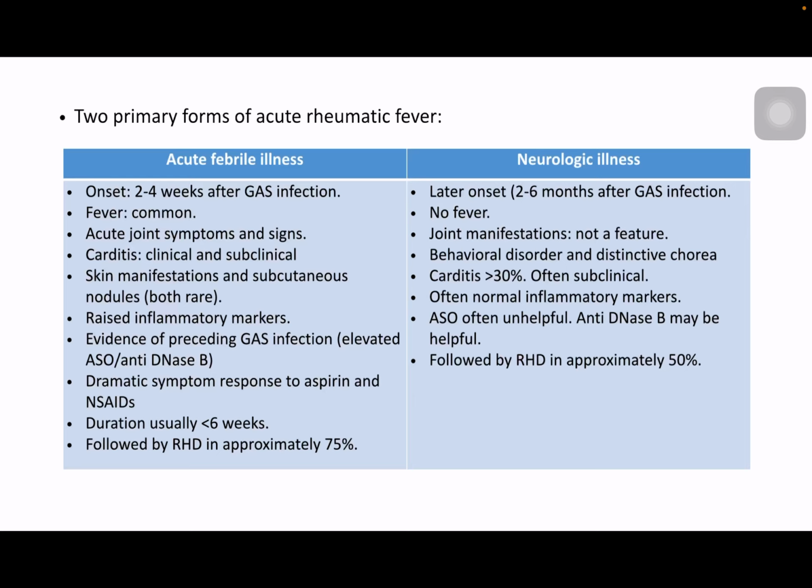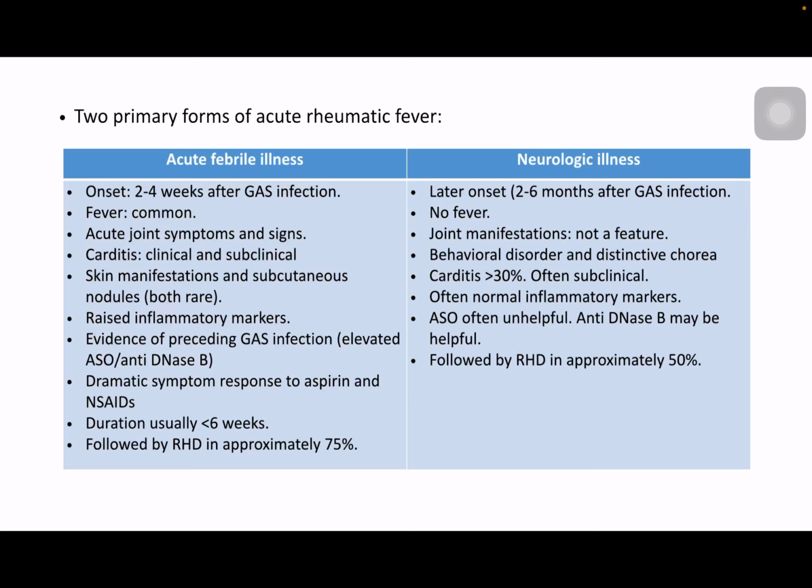So what's the use of the anti-streptococcal O test? It's known as anti-streptococcal O toxin, so we are looking for whether these toxins are present or not. There is also a dramatic symptom response to aspirin and NSAIDs.